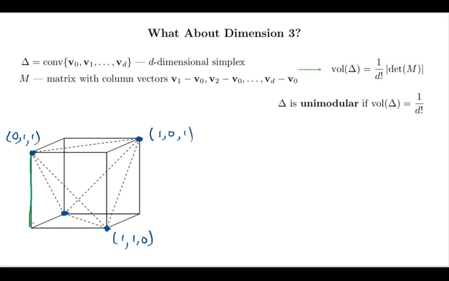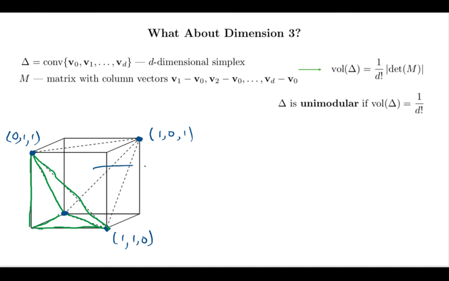Here's one of them. And there's one to our front and then 2 in the back. And I claim, you can check this, those 4 tetrahedra are unimodular. So what does that mean?